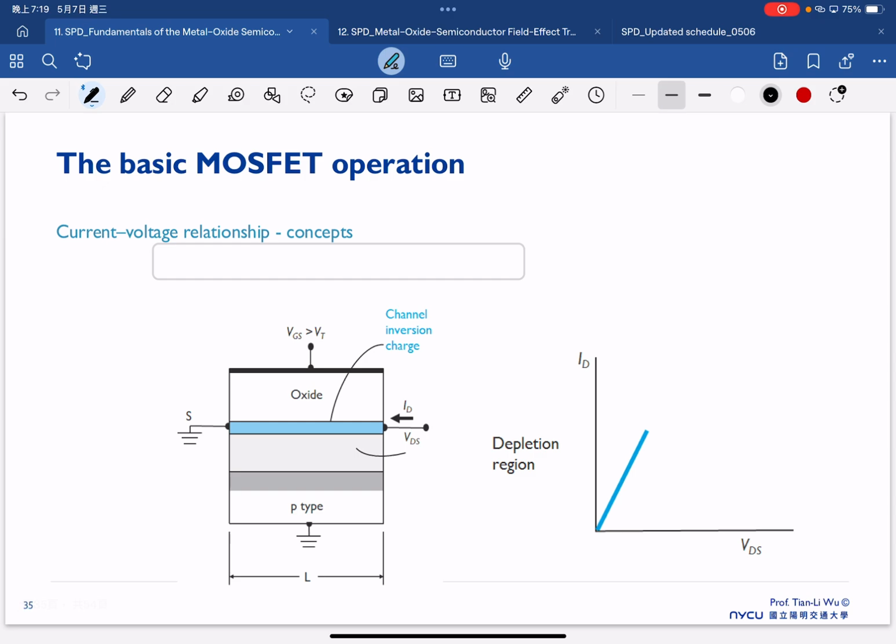This is the case when our VGS is larger than VT and we apply VDS is small.